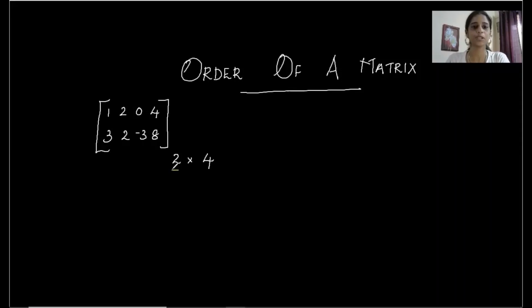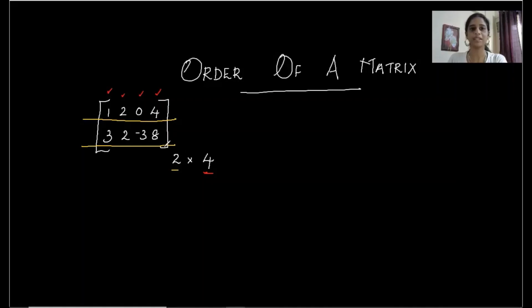Here, this 2 is the number of rows of this matrix. We have 2 rows here, first row, second row. And this 4 is the number of columns. This is the first column, second column, third column, and the fourth column. So this matrix has 2 rows and 4 columns, and the order of this matrix is 2 by 4.